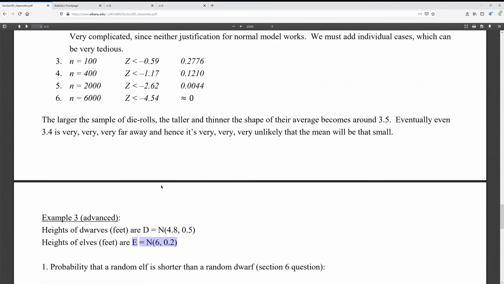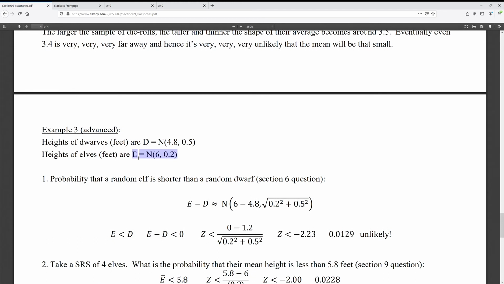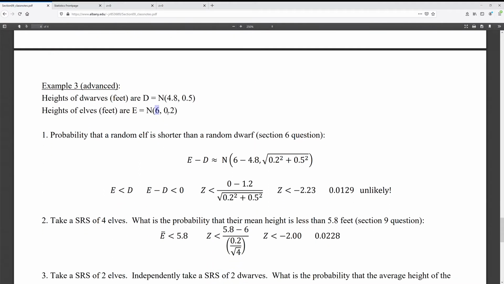So the average of 4 elves is normal shaped. E bar is normal shaped with the same mean, 6, but the standard deviation, 0.2, is how elves vary. How do the average of 4 elves vary? 0.2 divided by the square root of 4, right? 0.2 is the variation inherent in elves' heights.